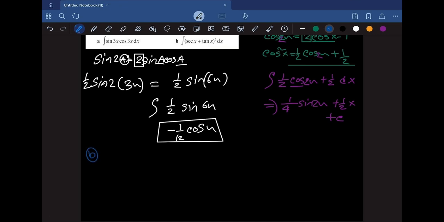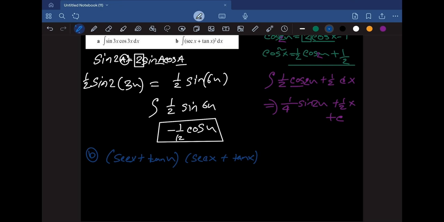We can write it like this: sec x plus tan x multiplied by sec x plus tan x.